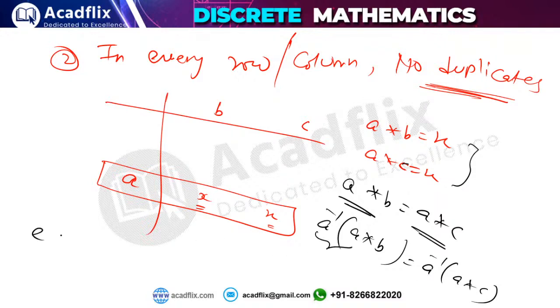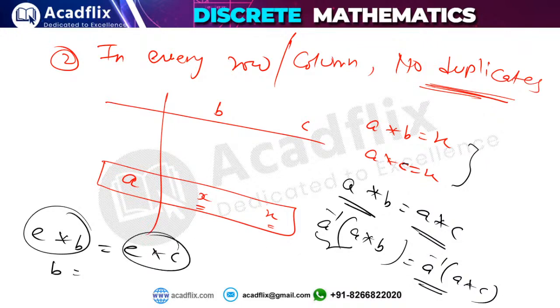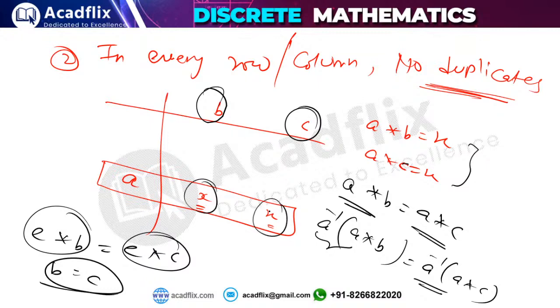That is the identity element, into B, equal to the identity element into C. So finally B is equal to C. This is a contradiction, because in the Cayley table we put all the elements in the header, so of course B and C are different. Hence there will be no duplicate.